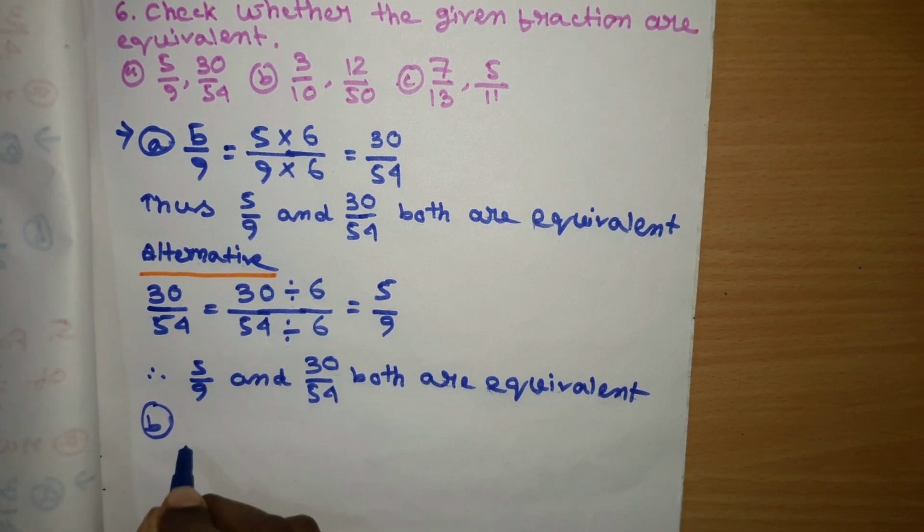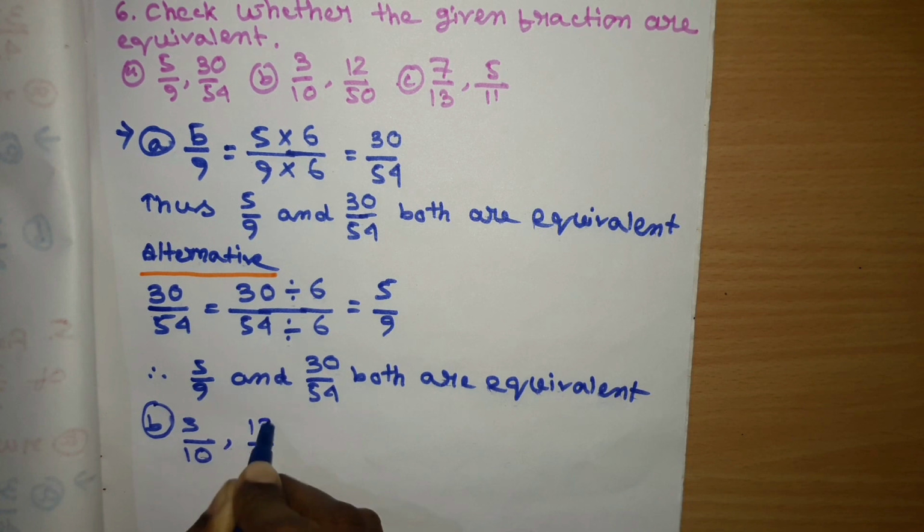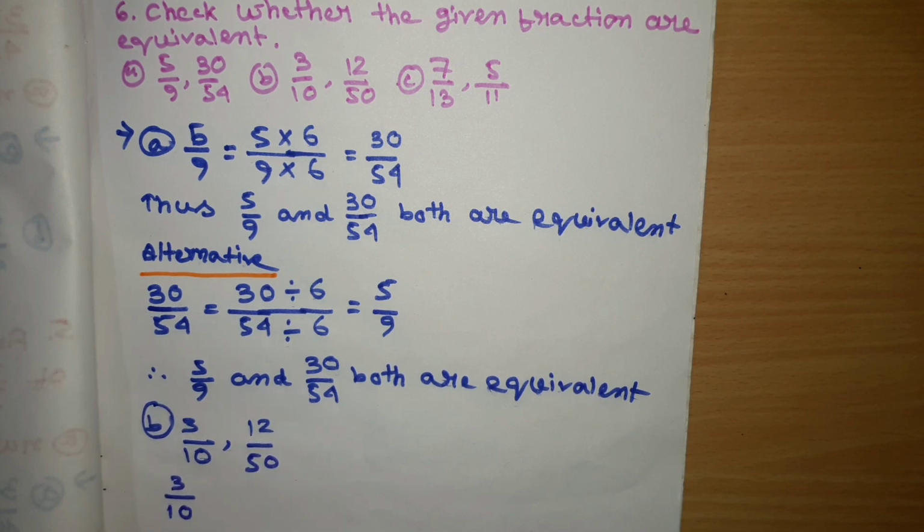Now what is there? 3 by 10 and 12 by 50. So I'm writing 3 by 10.